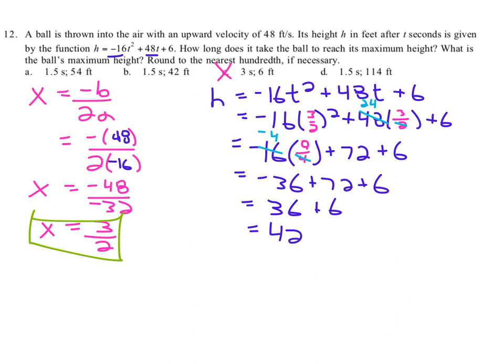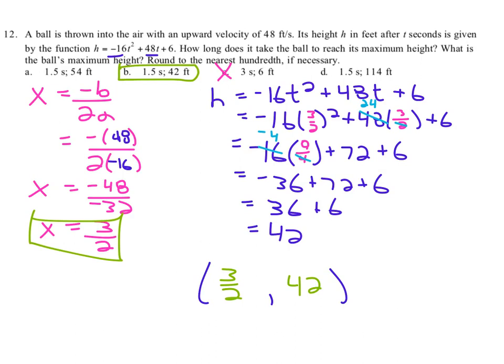Yeah? And that gives us, for the point that we're looking for, an x-coordinate of 3/2 and a y-coordinate of 42. And that is, after 1.5 seconds, it is 42 feet in the air, and that is choice B. Yeah?